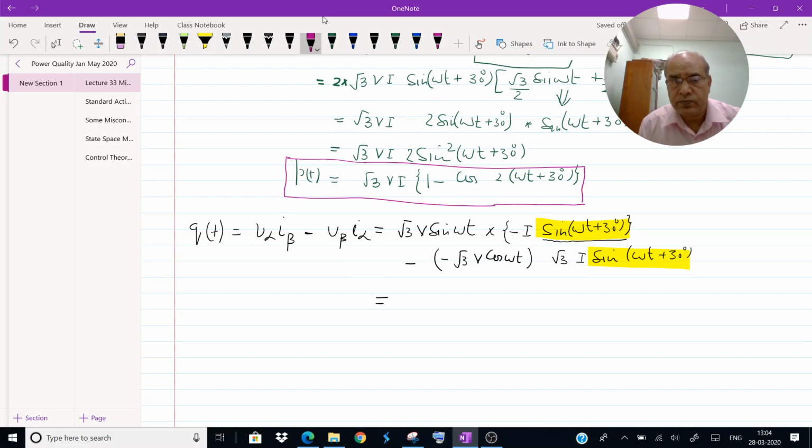We will get root 3 bi sine omega t plus 30 degree, and in the big bracket the first term, as the minus sign is here, is minus sine omega t, then minus minus becomes plus, so plus root 3 cos omega t.